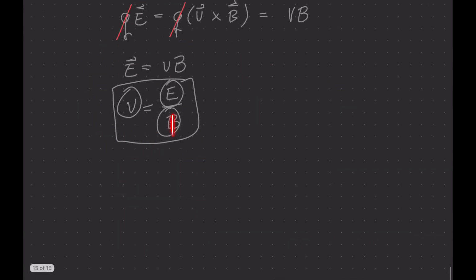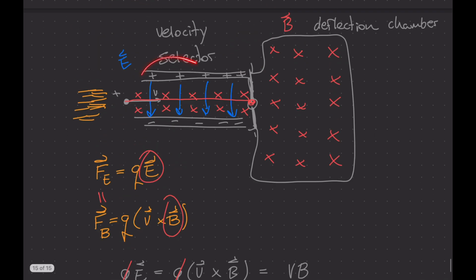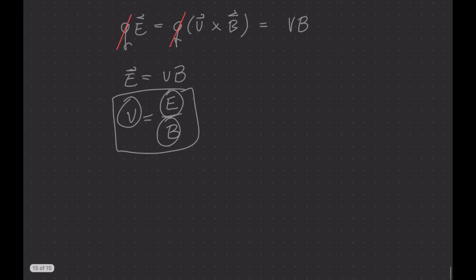Or similarly, you can decrease the magnetic field. So these things are like hot and cold knobs on a sink. You can increase E or decrease E, you can increase B or decrease B, and depending on these things, which you can control, like the engineer creating the velocity selector can choose, they can, by that way, select specific velocities.